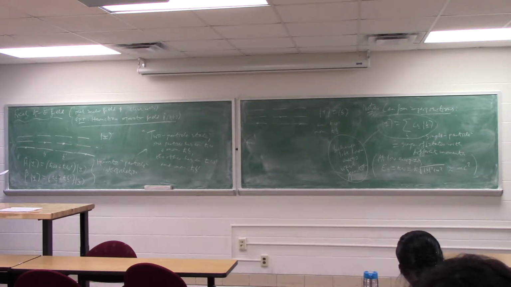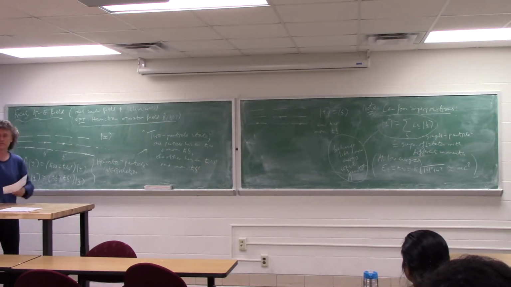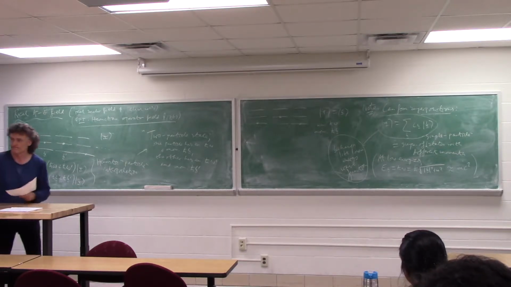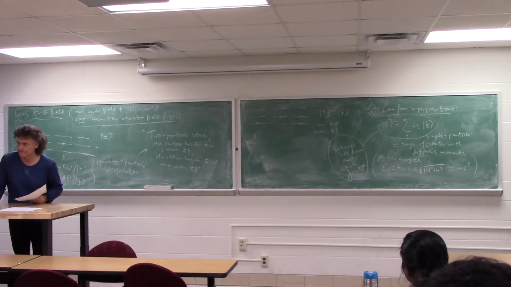One can go on. I'm going to go on and tell you about the electromagnetic field now. But before I do that, are there any questions on this? Any questions? So how could we differentiate the two particle modes? If omega here is equal to omega prime, then how could we differentiate this case from the previous case?